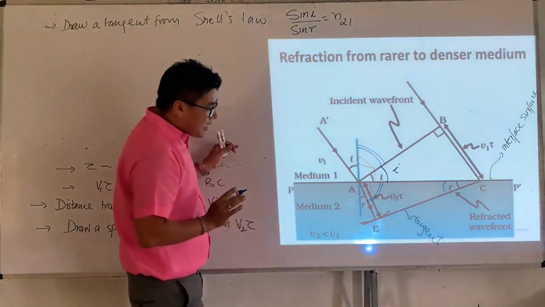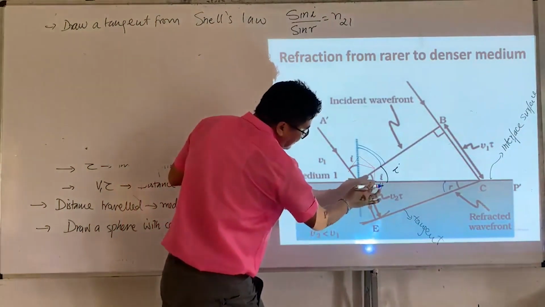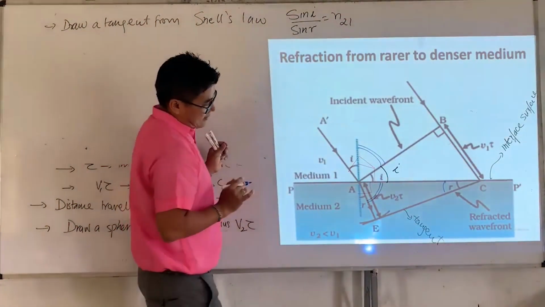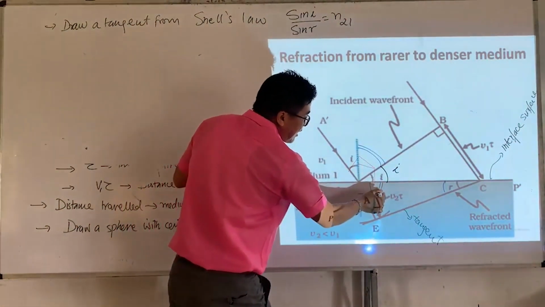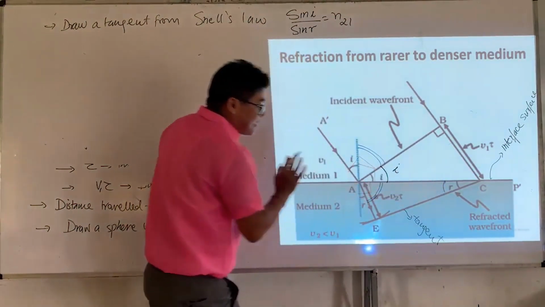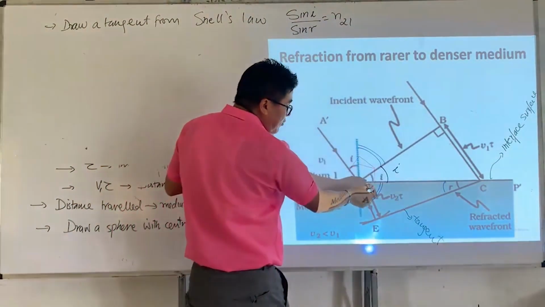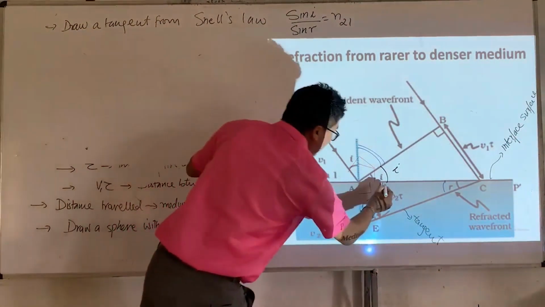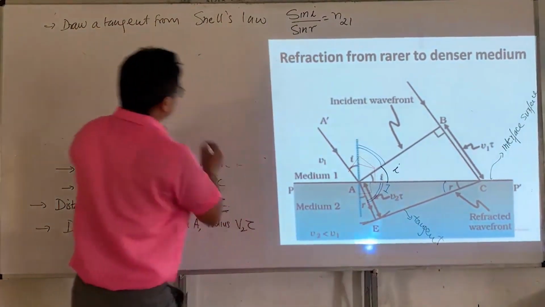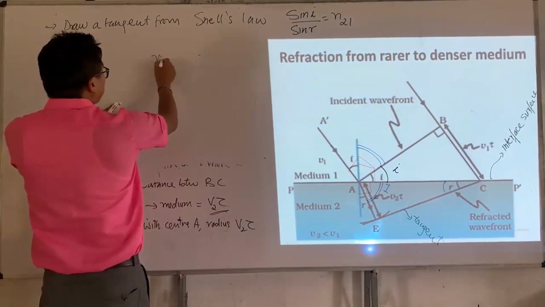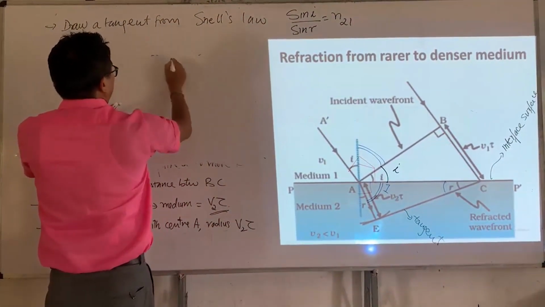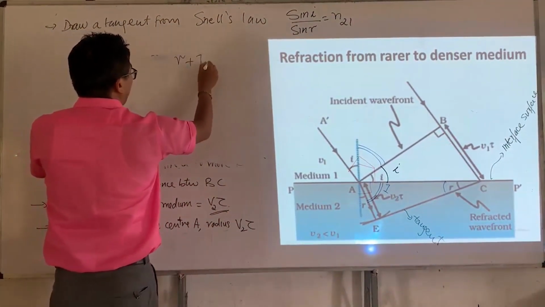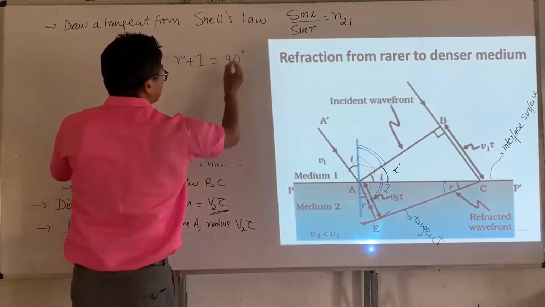This is 90 degree, angle R plus this angle is 90 degree, and this angle plus that angle is 90 degree. Since this angle is common, let's say this is angle 1, angle R plus angle 1 is equal to 90 degree.